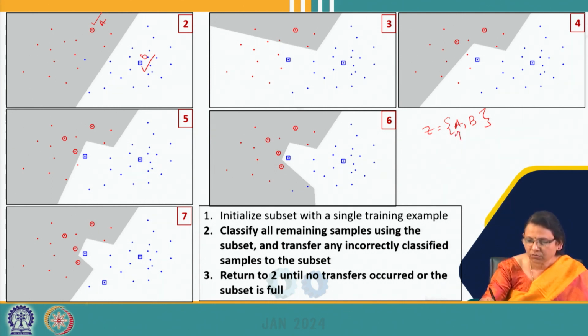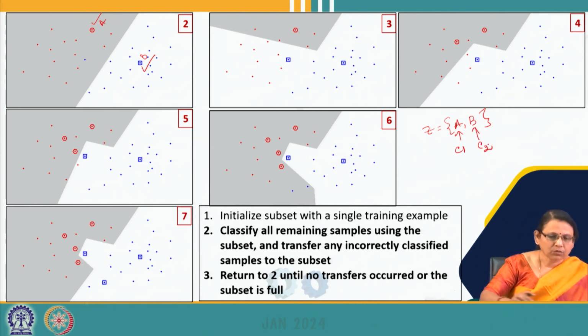A belongs to class, let us say, C1, and this belongs to class C2. Now, with the remaining, you try comparing with A and B.